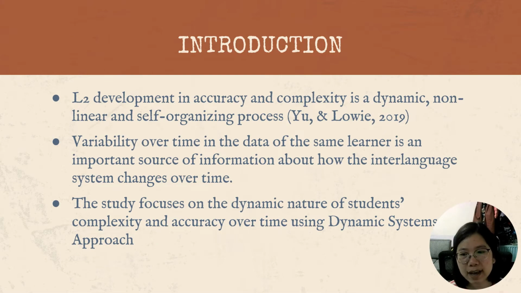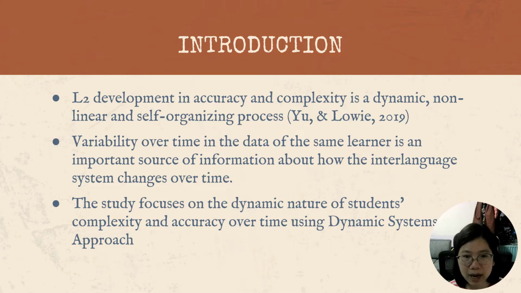So how can we see this kind of development in students' language? Actually, it's a very dynamic, non-linear and self-organizing process, according to studies conducted by Yu and Louis. And also the variability over time in the data of the same learner is an important source of information about how the interlanguage system changes over time.